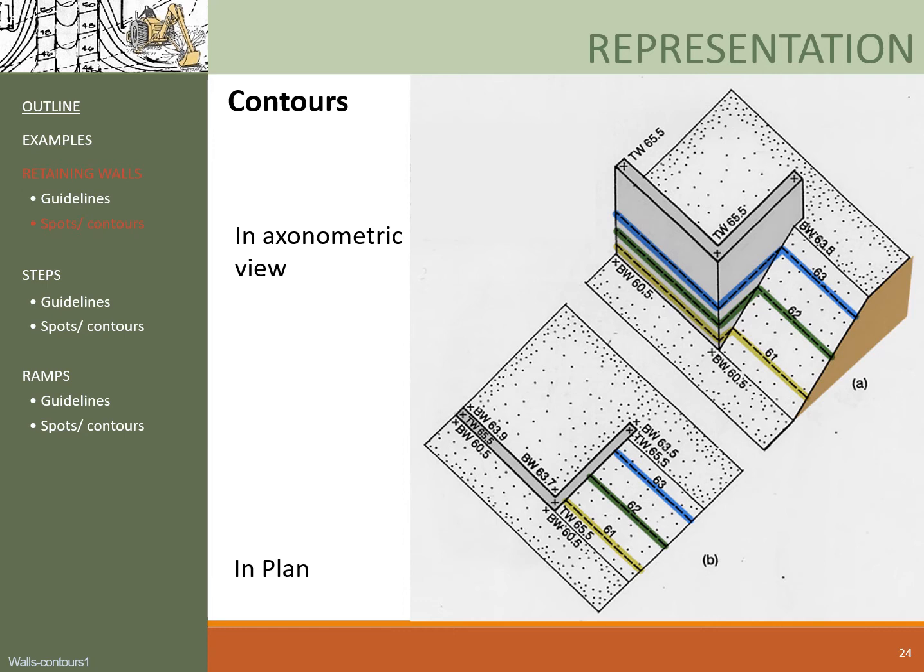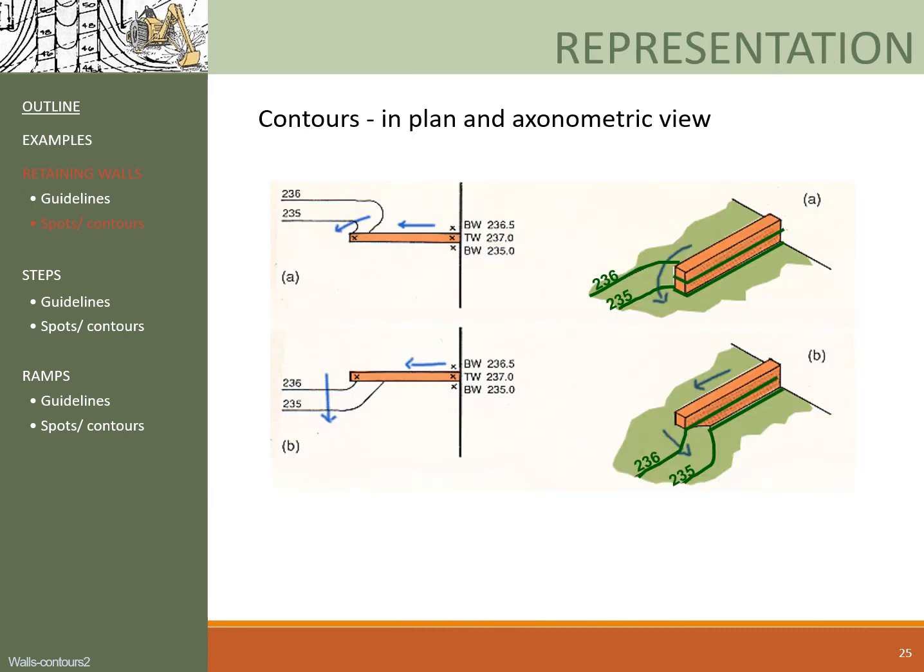Next, let's talk about how walls should be represented in a construction drawing with contours and spots. In terms of contours for straight walls, you can see from the plan that the contours stop once they hit the wall, right? Where did they go?